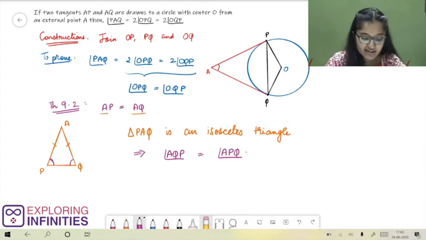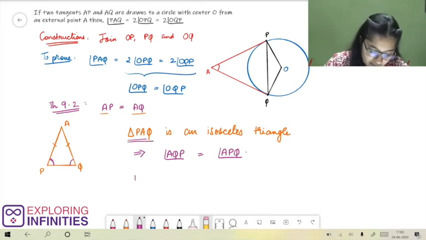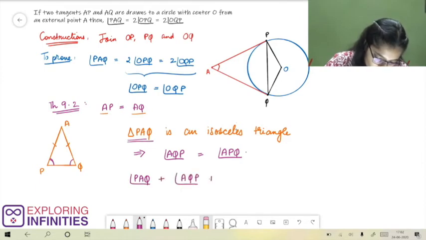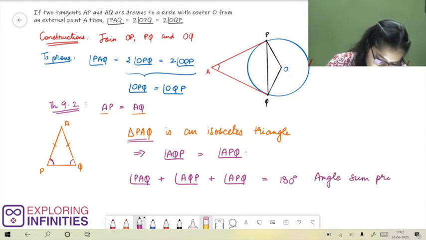On applying angle sum property to triangle PAQ, we obtain the sum of all angles to be 180 degrees. That means angle PAQ plus angle AQP plus angle APQ would be equal to 180 degrees. And this is the angle sum property of triangles.